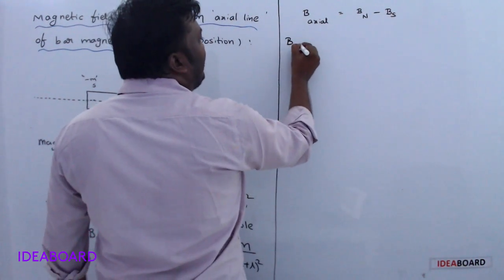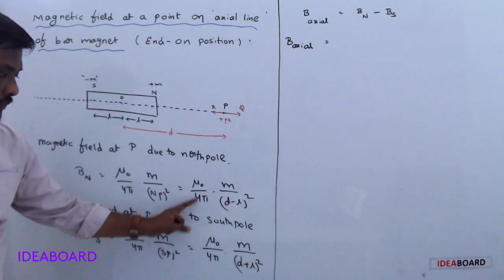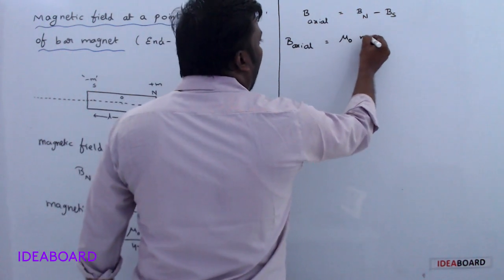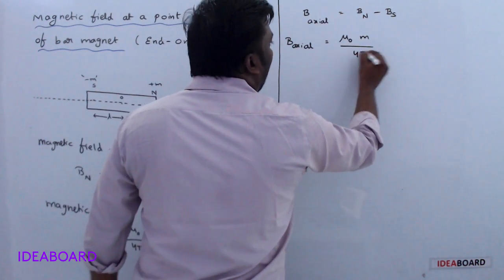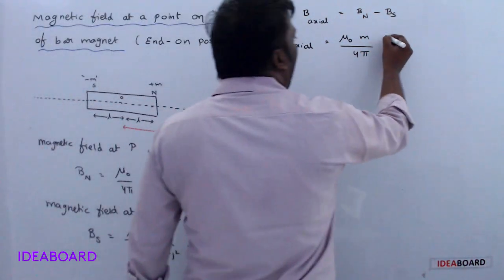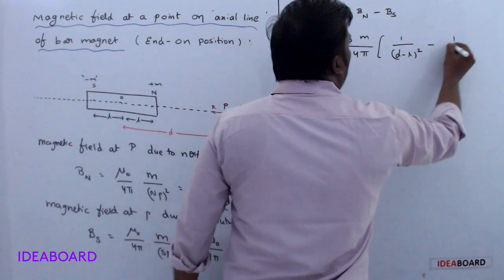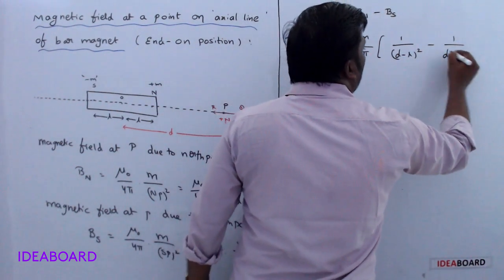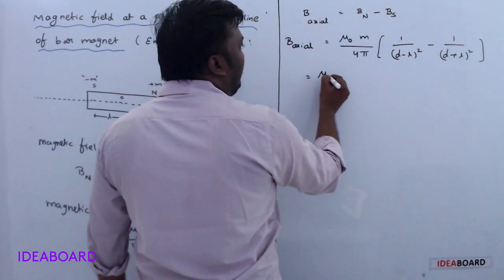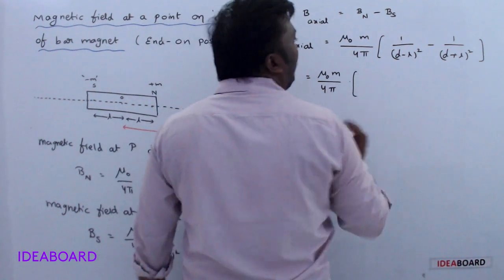So B axial is equal to, from these two, which one is common? Mu naught m by 4 pi is common. If you take it common, after that 1 by (d minus L) whole square minus 1 by (d plus L) whole square, that is equal to mu naught m by 4 pi.